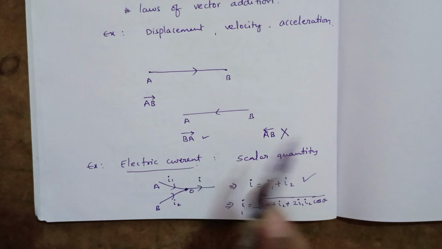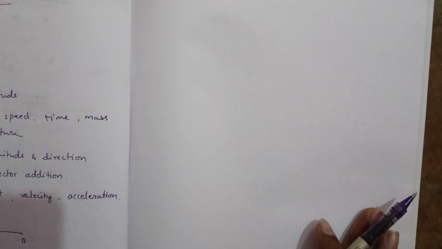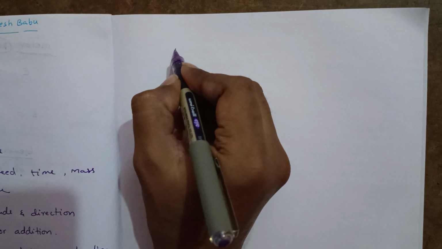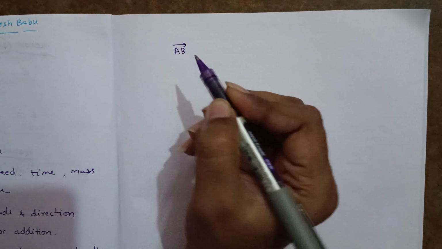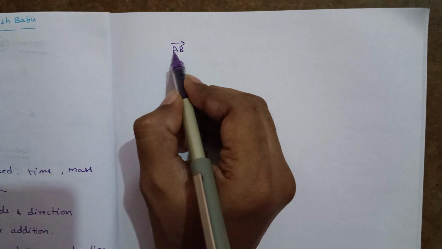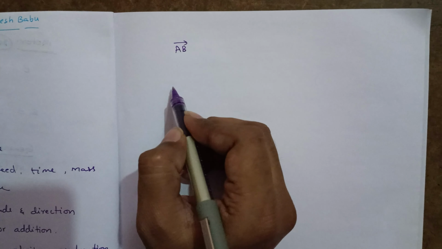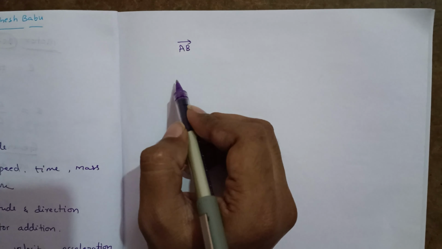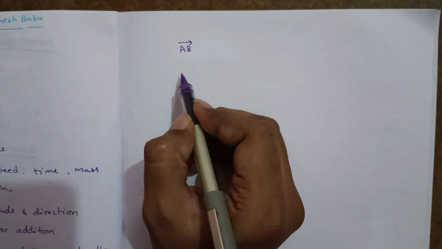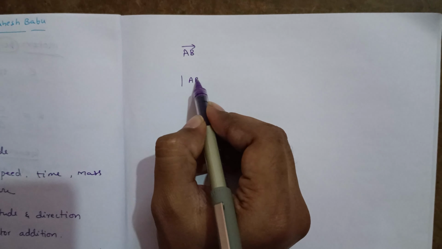Now here we see in vector, if a vector goes from A to B, it has both magnitude and direction. To represent only magnitude, it should be taken like this.